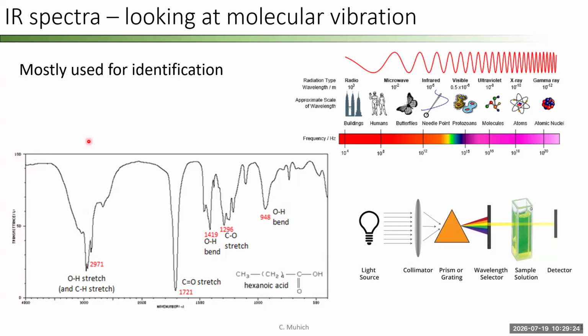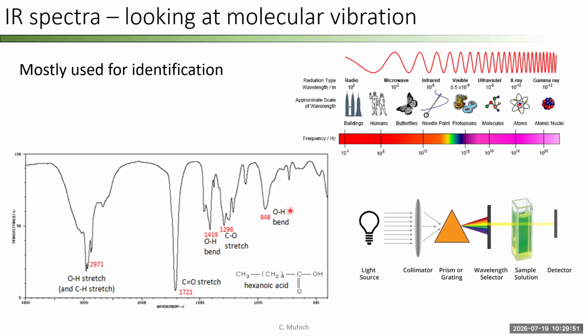So we either get the peaks showing up or showing down, depending on how we're measuring. And what you'll see in the case of hexanoic acid is we get these very distinct peaks, right? So, at 2,971 inverse centimeters, 1,700 inverse centimeters, etc.